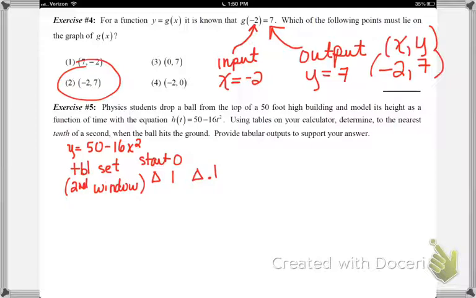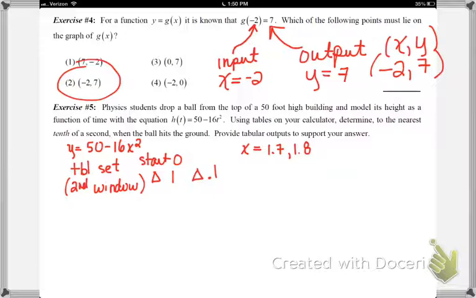Between 1.7 and 1.8 seconds. So between x is equal to 1.7 and 1.8, it hits the ground.